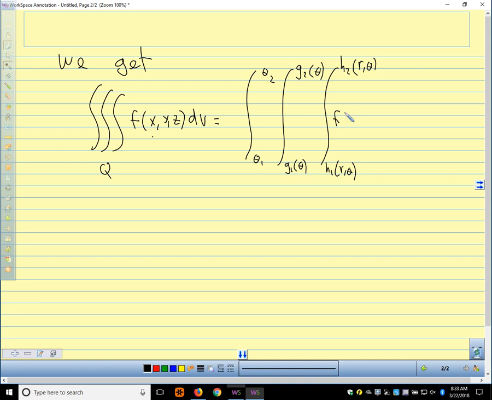And then we express our function, whatever it is, in terms of cylindrical coordinates. So that would be f of r cosine theta, r sine theta, z, r dz dr d theta.